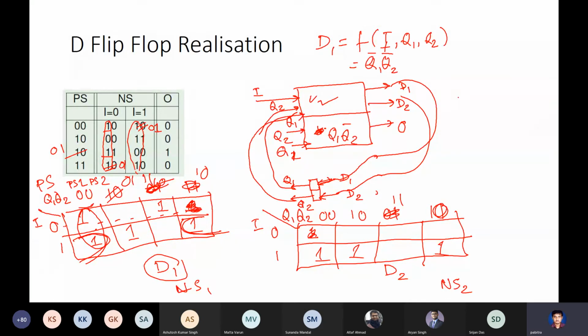Okay, so let's draw the correct one. Okay, so what are the corrections here?